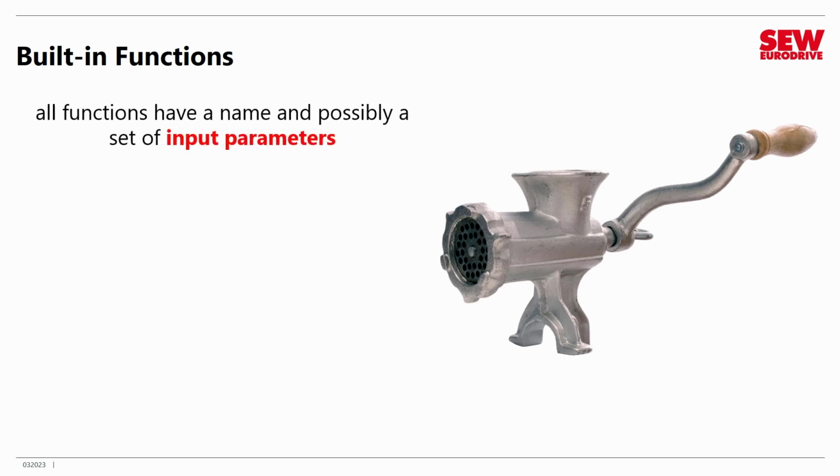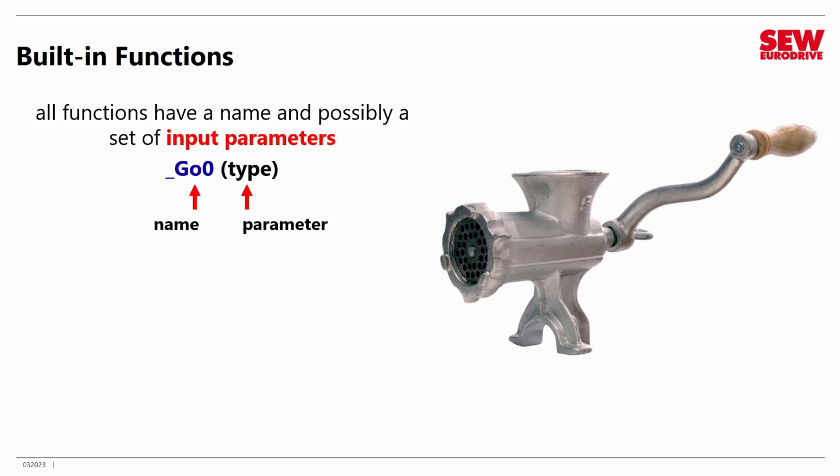All functions have a name and possibly a set of what are called input parameters. Let's look at an example. This is one of the built-in functions. It's called _go0. It's used to reference the VFD, and it's got both of these features. The name is _go0, and type is a single parameter.